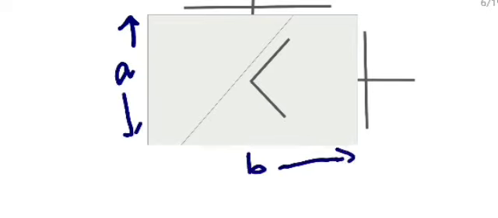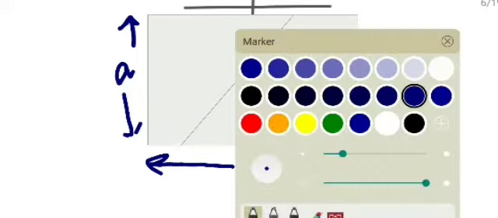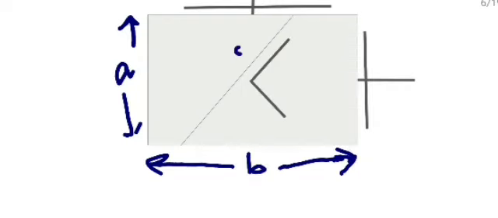Next we will consider a cubical block of sides A and B, and an inclined plane of side C. Let side C be considered.